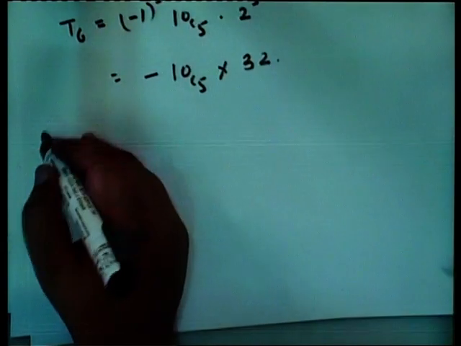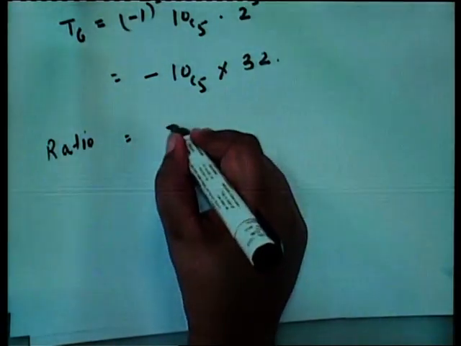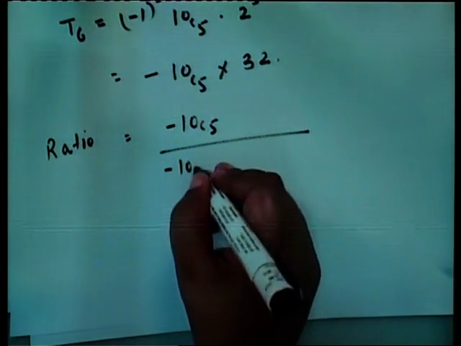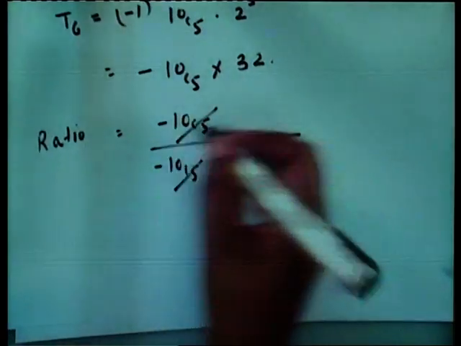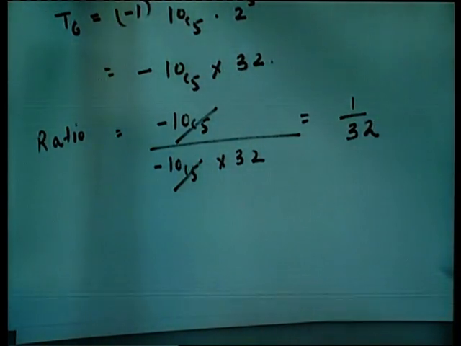So what will be the ratio? The ratio will be equal to minus 10C5 upon minus 10C5 into 32. So this will get cancelled. So the answer is 1 upon 32. This is what I wanted to prove.